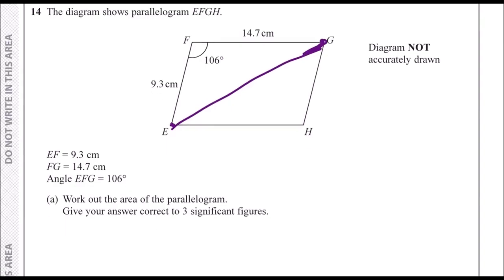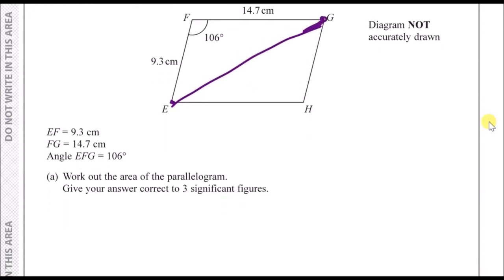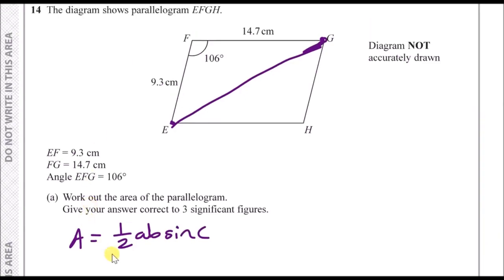Now, to find the area of a triangle, it's just one straight formula, and I think they give this to you as well. It's basically half ab sine C. To use this formula, you always need an angle between two lengths, and we have it. So a and b are your lengths and C is your angle.